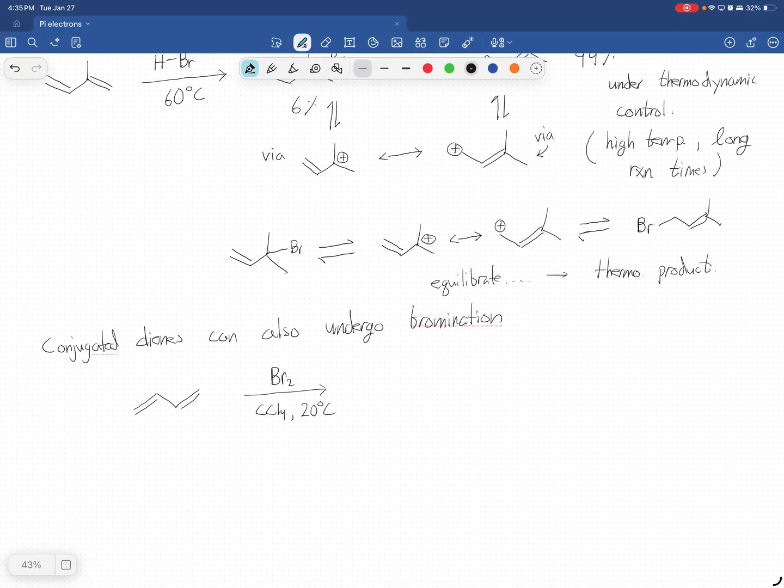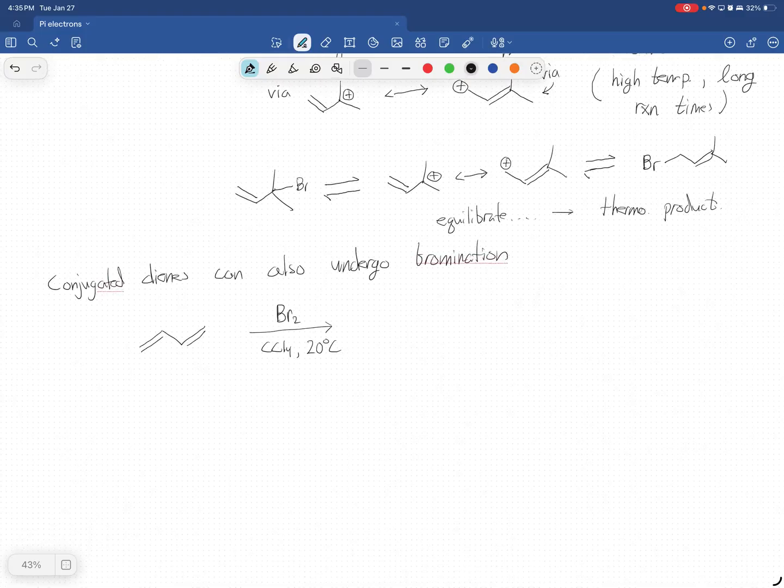Do you guys remember the mechanism when an alkene attacks Br2? What was the intermediate that formed? It was a special intermediate. Previously, we thought, okay, here's my alkene and Br2. The alkene would attack, and the lone pairs on the bromine would attack at this other position.